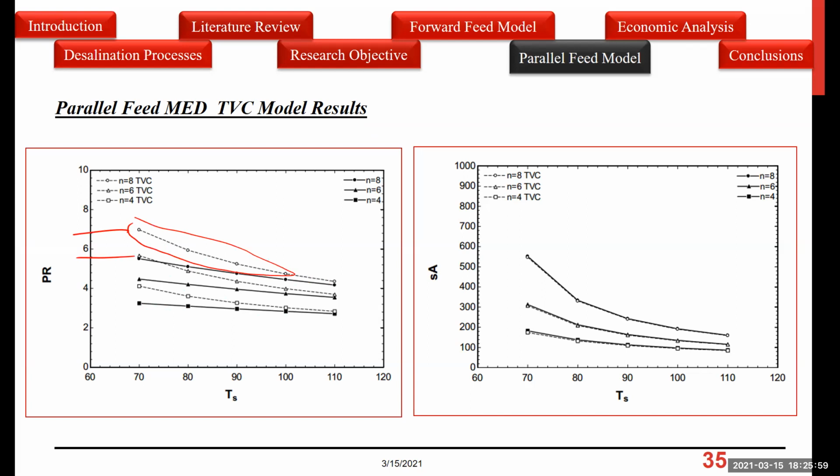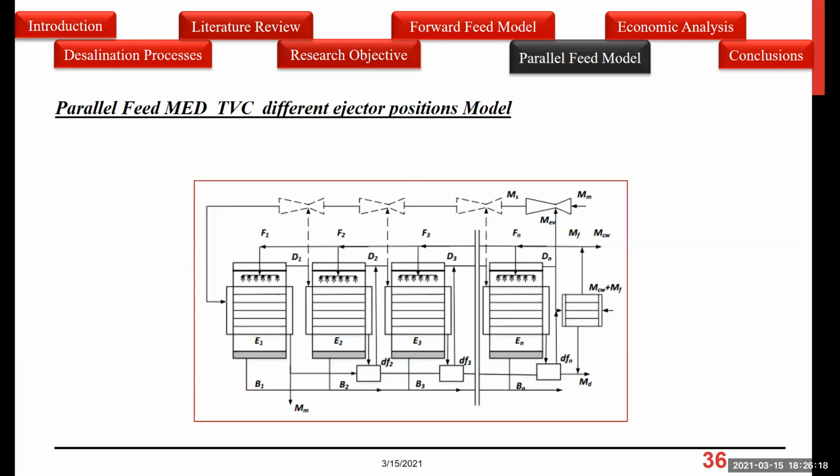So adding the TVC improves the performance ratio. And this improvement, again, I would remind you, is because of the reduction in energy requirement from the external source. We need less steam, which is the motive steam coming into the system.